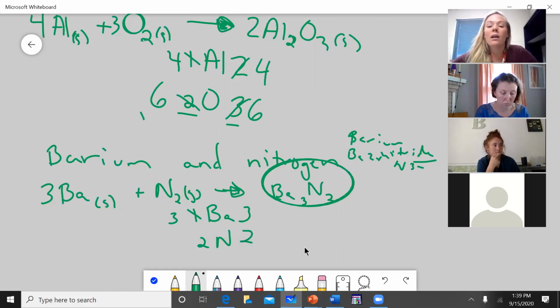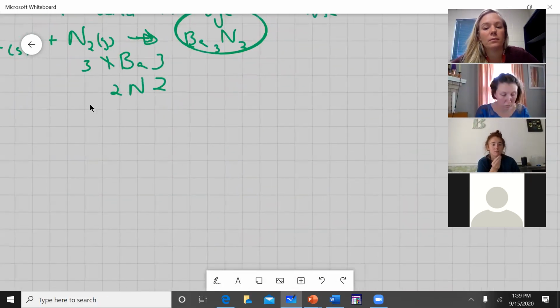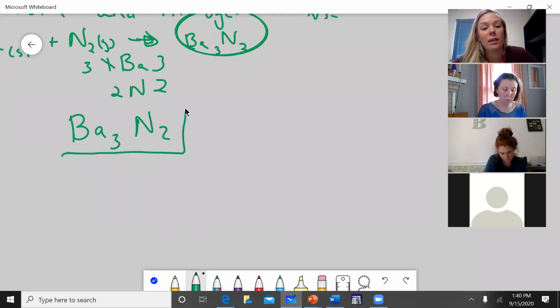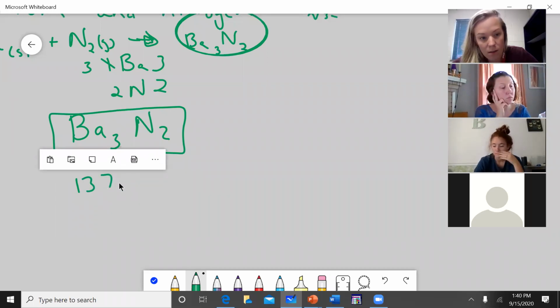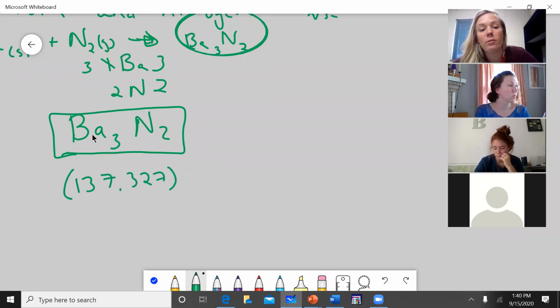So barium, so we've got Ba, 3, and 2. So if I want to figure out the mass of this entire thing, I have to take the mass of barium, which in this case is 137.327, and I need to multiply it by however many of the bariums I have. In this case, I have 3 of them.